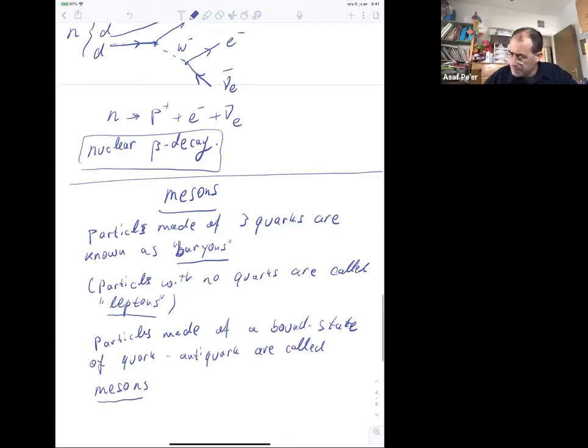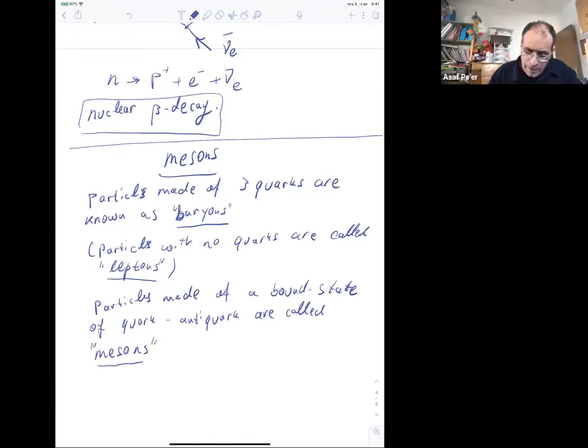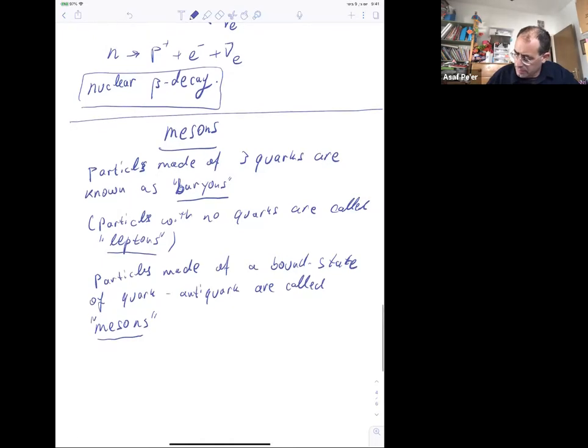This means intermediate mass, right? And then together, bound states of quarks, so baryons and mesons, are collectively known as hadrons. So hadrons is a combination of baryons and mesons. And really, this is bound states of quarks.